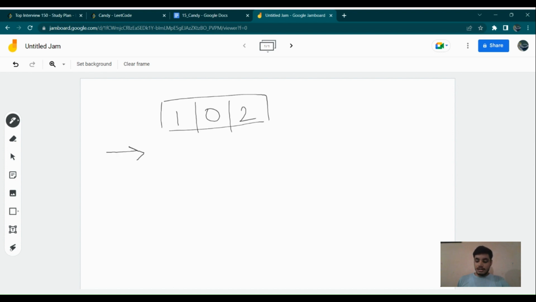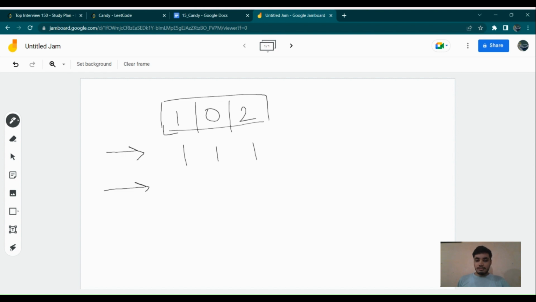So let's fulfill that. We give one candy to the first, one to the second, and the third also gets one. Now let's think about the second requirement, which is that if a neighbor has a higher rating, then it must get a higher number of candies. So let's start from the first point and understand how it's happening.